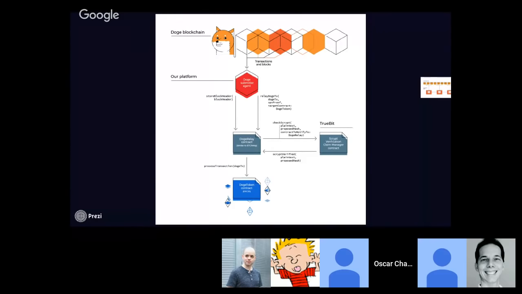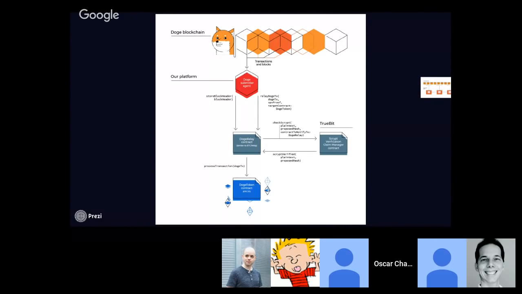One of the problems that the bridge had when the implementation was started was that every time a Dogecoin block is sent to the Doge Relay, well, it's renamed now, but back then it was Doge Relay, it had to be verified.